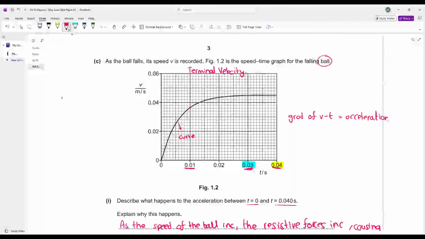How to calculate the gradient of a curve? Have you studied this in mathematics? How do you calculate the gradient of a curve?